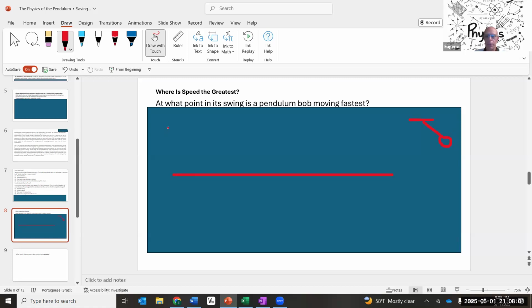If the x-axis is time, and here I have the actual value of velocity, it starts at 0, goes up to its maximum value, and then starts to reduce until it goes to 0 again at the other side. Then it's going to be negative, going back until it reaches its maximum value.